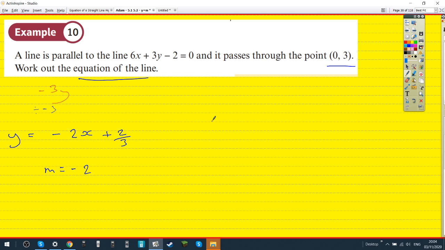It would be y equals minus 2x. Okay, minus 2x. And then plus 3. Yep. Because the y-intercept is 3.